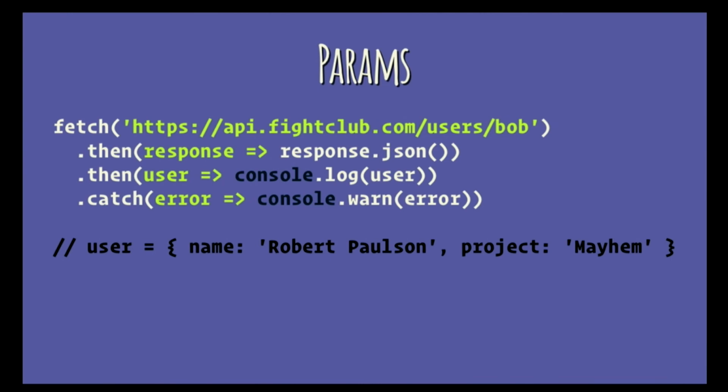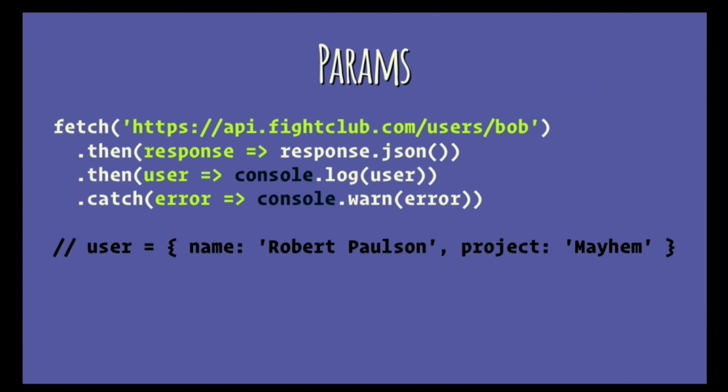So basically, for anything that works asynchronously, in other words, anything that runs in the background, if we just put another line of code underneath fetch, it's going to run immediately after we call fetch, but fetch is happening in the background. So if we want to do something with the results of that HTTP request, it's not going to be available by the time we do the line underneath.